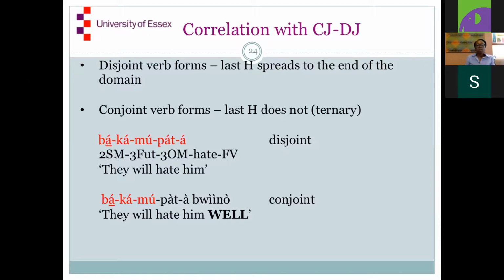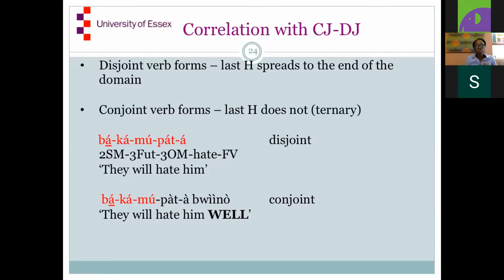What's interesting about this is that it's correlating to some extent, but not perfectly. When we saw the expansion before the focus, we saw that the whole verb was expanded until the end of the verb, and then everything else was not expanded, however we might want to analyze that.